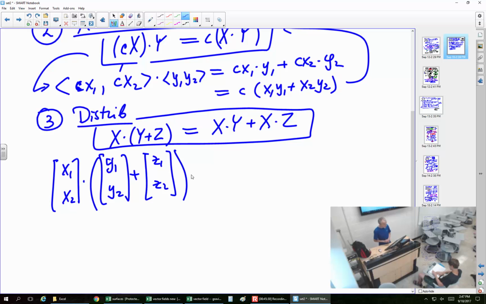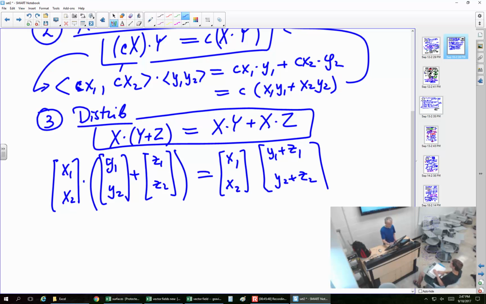Okay, so now let me carry it out. I'll keep x, and I carry out the vector addition component-wise. So I'll have y1 plus z1, y2 plus z2. So that is my new vector, the one that was in parentheses.